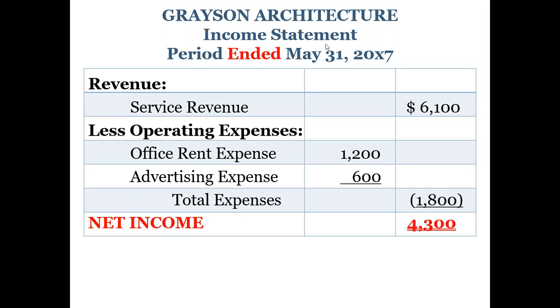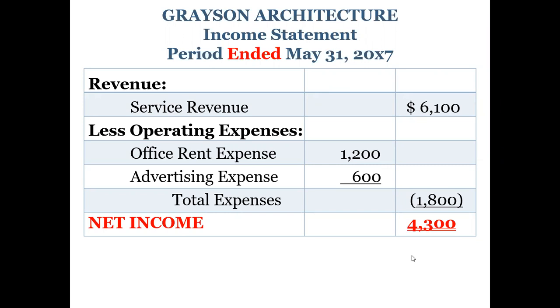Now, after we prepare our income statement, the next statement that we are going to move to is our statement of owner's equity. The heading, guys, basically is the same.